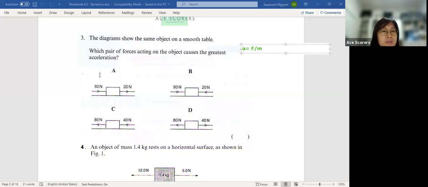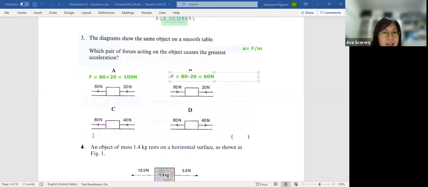So you can see that for option A, how do you find F? F will be 80 plus 20, which gets you to 100 Newton, because both forces are moving in the same direction. Then what about this resultant force? F equals 80 minus 20, which gets you to 60 Newton.